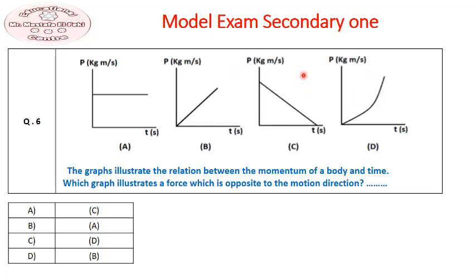Then without any steps, this is the force that is in the negative direction, or decreasing force. But the slope equals F. F equals delta P divided by t, the rate of change of momentum. Then the correct answer is letter C.